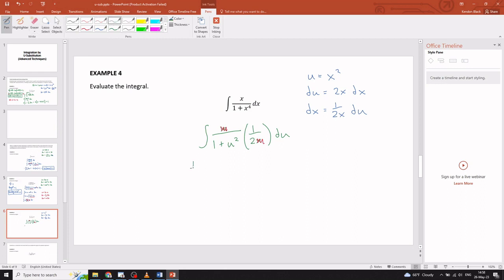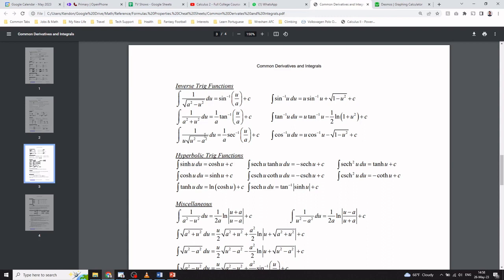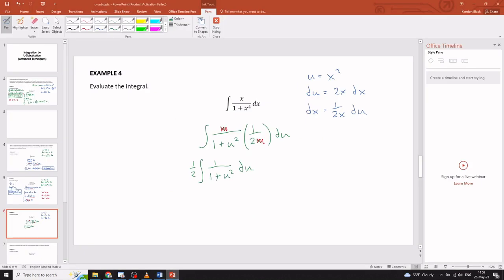So we have 1/2 the integral of 1 over 1 plus u squared du. And let's just double check the integration table. This says 1 over a squared plus u squared. So the only difference between this and what we have is that instead of a squared, we have just 1. So we know that a equals 1.